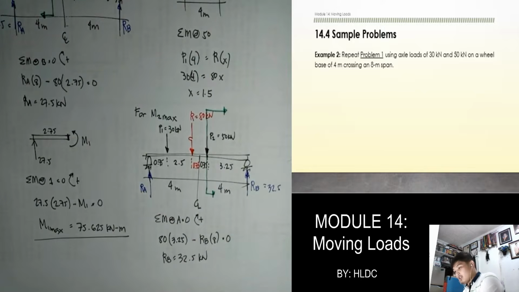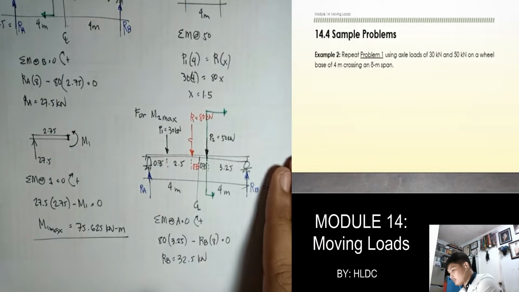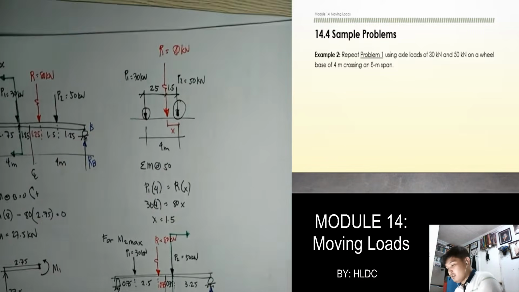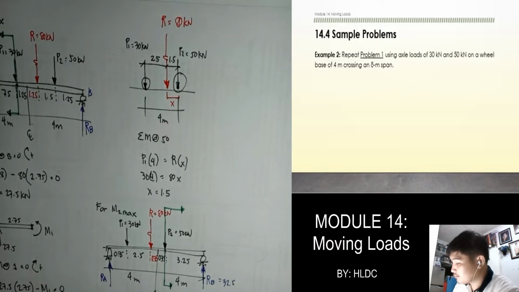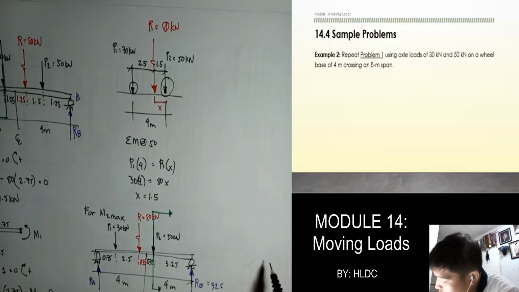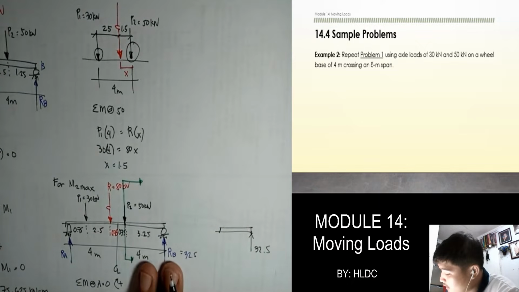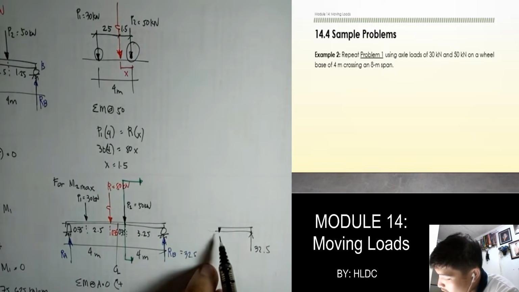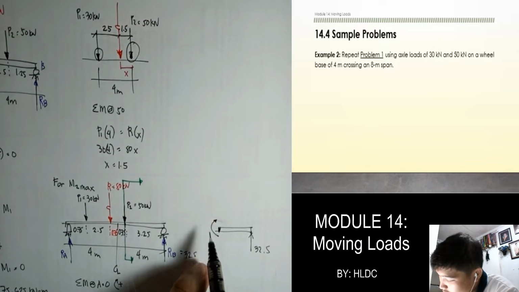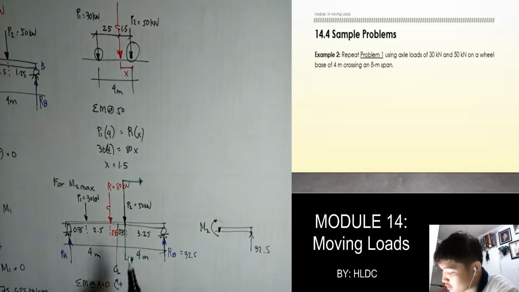So, pag may RB na, isolate na natin yung right side. So ganito, no? So, dito merong 32.5. So, dahil ito yung cutting point natin, lalabas yung positive moment, which is ganito yung direction. Tawagin natin M2 since that is under load P2.